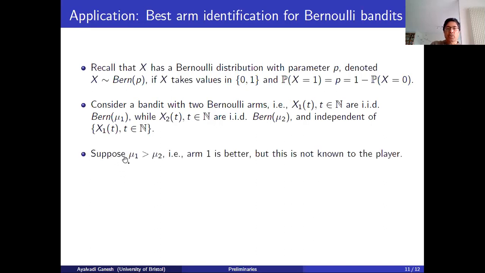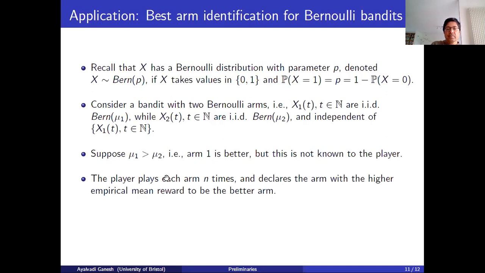Let's suppose, without loss of generality, that the first arm is better, but obviously the player doesn't know that, and they want to decide which arm is better. And they are going to use this very natural policy. At this point, we are not talking about regret yet.